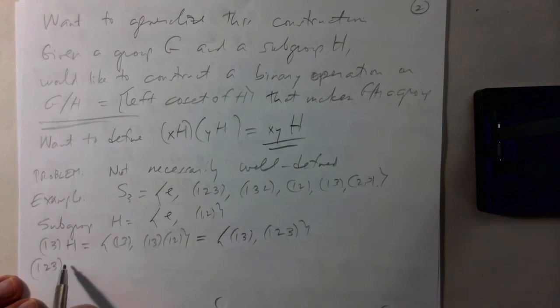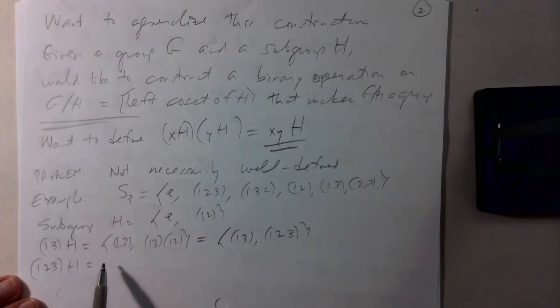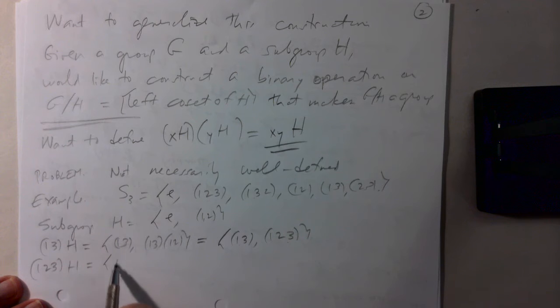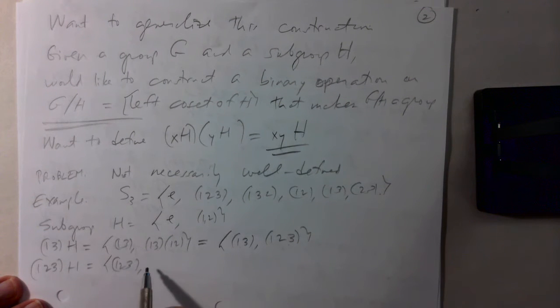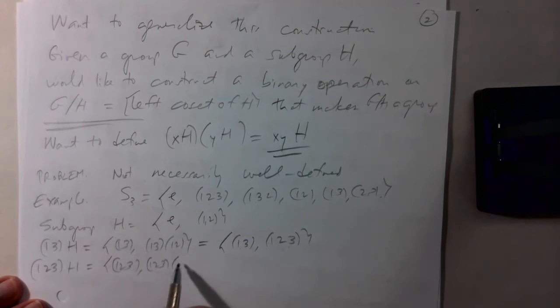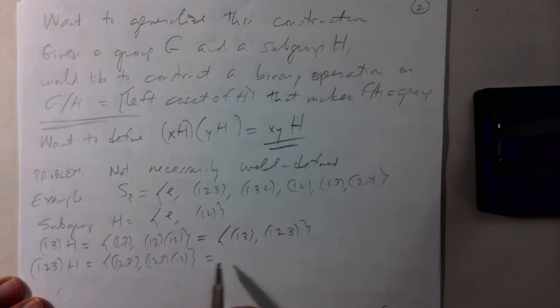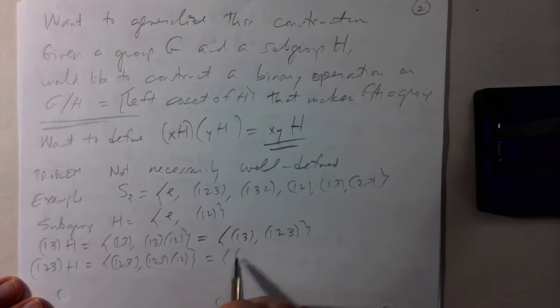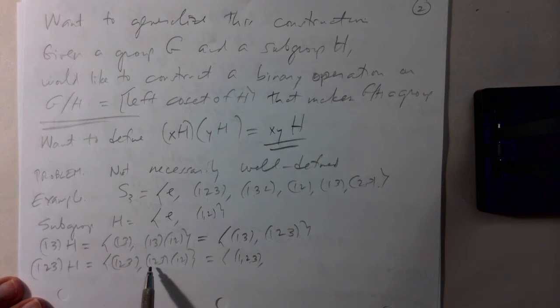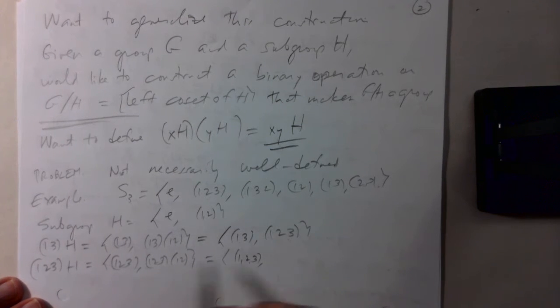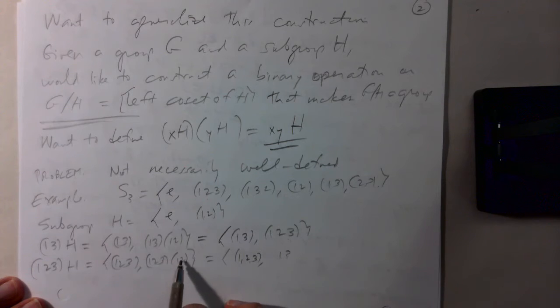Suppose I take (1 2 3) times H. This consists of (1 2 3) and (1 2 3) times (1 2). If you multiply (1 2 3) and (1 2), 1 goes to 2 goes to 3, 3 goes to 1, and 2 goes to 1 goes to 2.